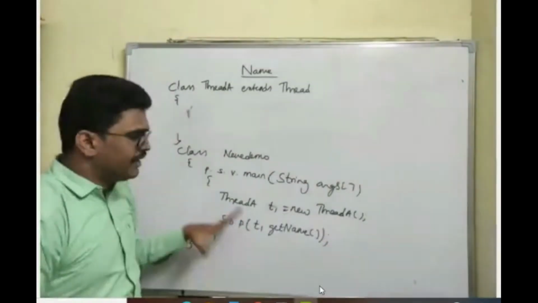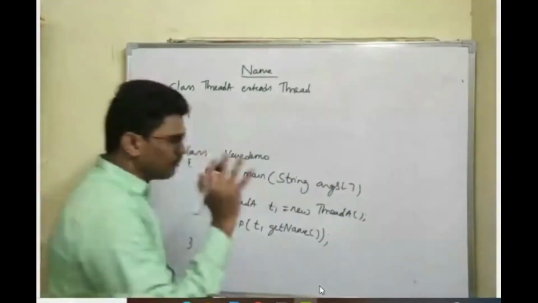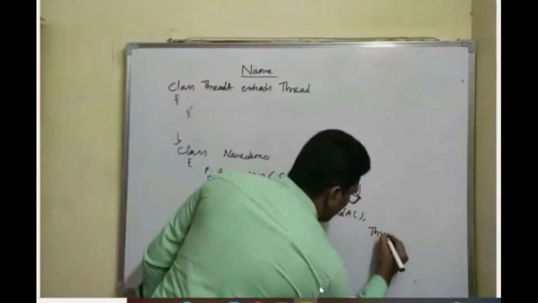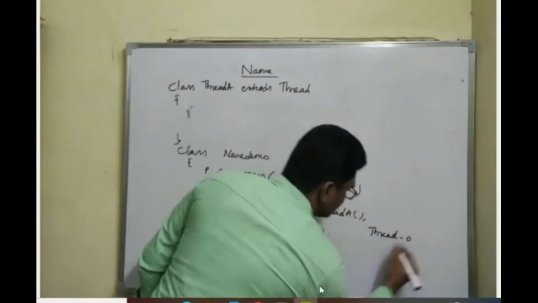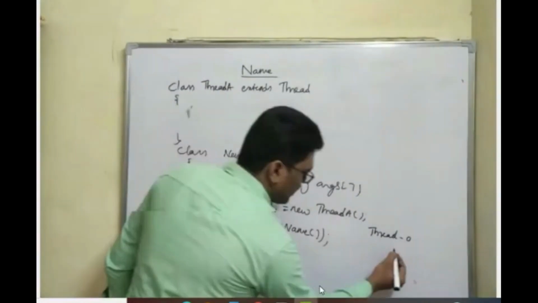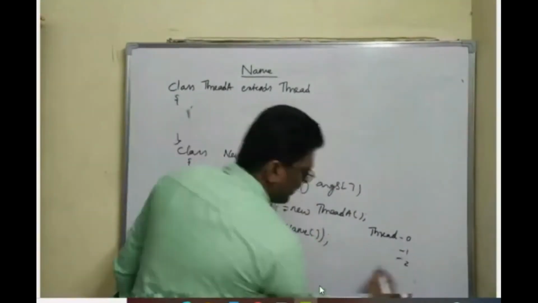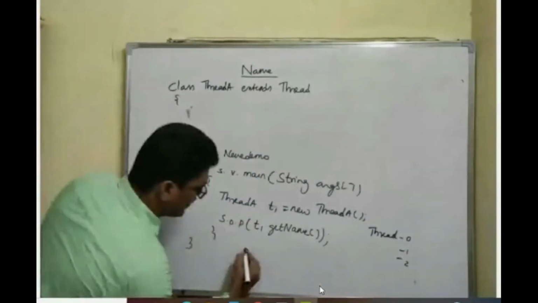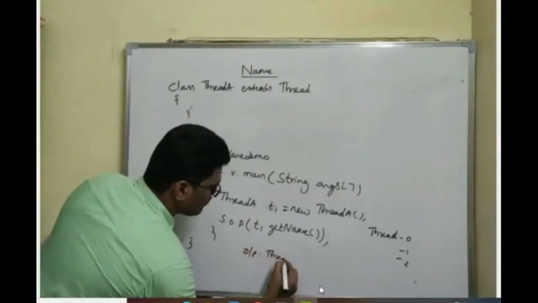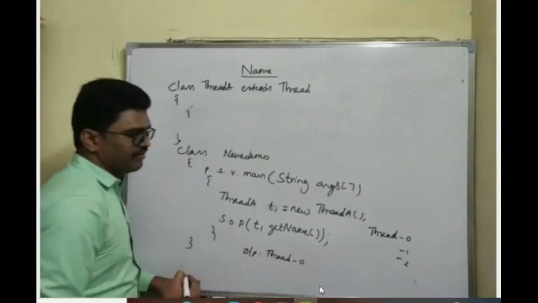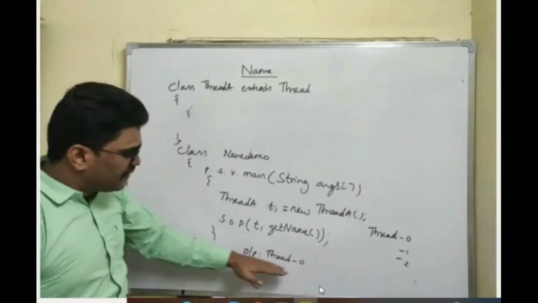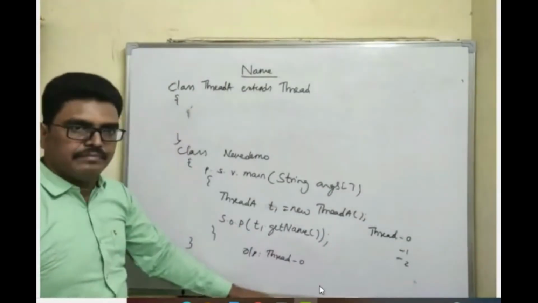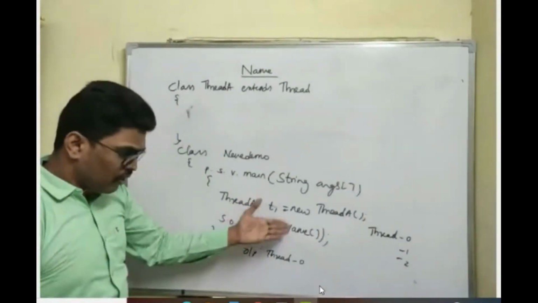So by default, what name will be there? By default, each and every thread object will have one name called Thread-0. If we have another one, Thread-1, Thread-2. By default, it will give names like this. So the output that you'll be getting is Thread-0. Each and every thread will be assigned a default name if you don't give anything.